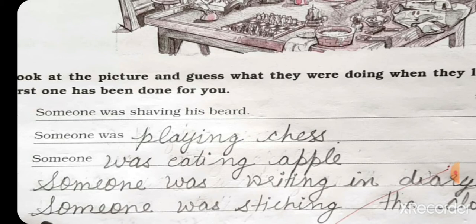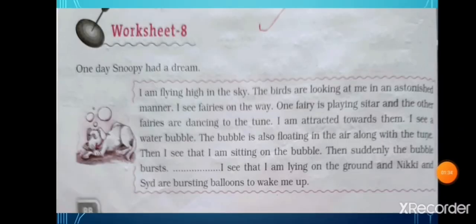Now beta, let's move on to worksheet number 8. One day Snoopy had a dream. I'm flying high in the sky. The birds are looking at me in an astonished manner. I see fairies on the way. One fairy is playing sitar, and the other fairies are dancing to the tune. I'm attracted towards them.